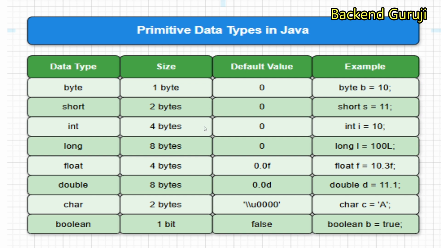Integer will be 4 bytes, and default value will be 0. Long will be 8 bytes. Default value will be 0. Float will be 4 bytes, 0.0f. Double will be 8 bytes, 0.0d. And character also 2 bytes, that will represent Unicode. Boolean also 1 bit, false.